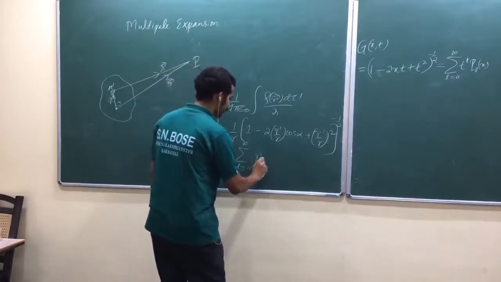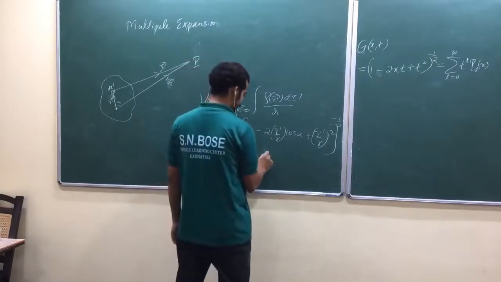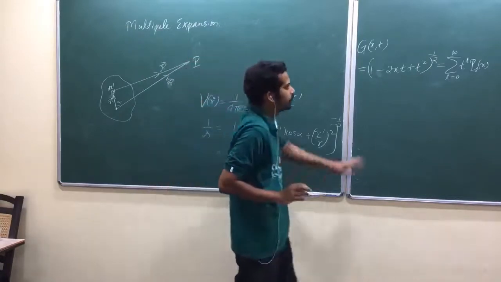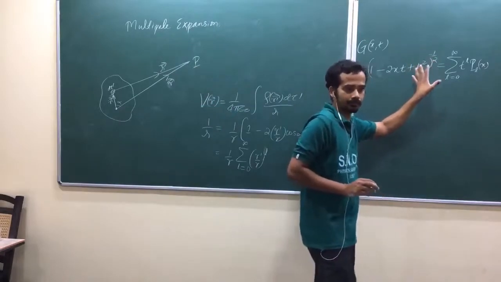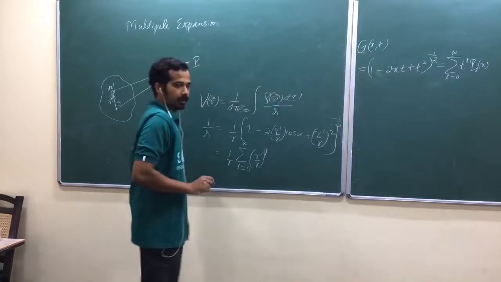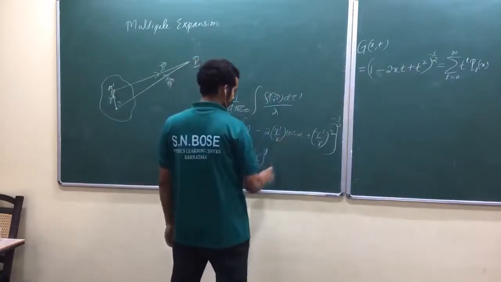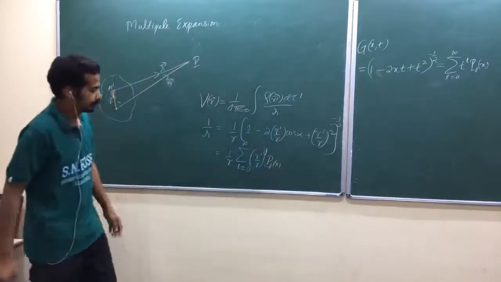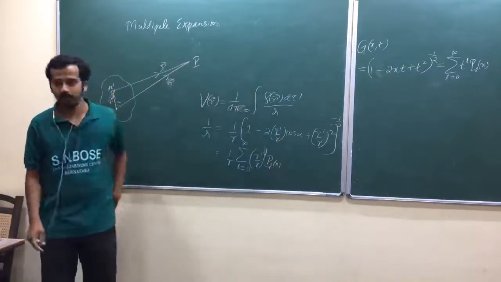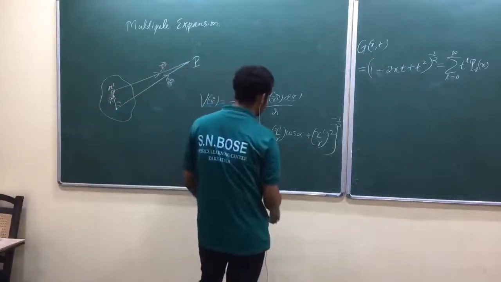R prime by R whole power L. Am I right? Into, yeah, for most of the problems you don't need this proof. You can make use of this expression. You don't need the proof. If you remember, again, pure mathematics problems also, we shall practice later. So what is this one? PL of x. PL of cos theta. PL of cos alpha here.